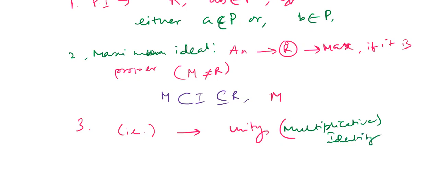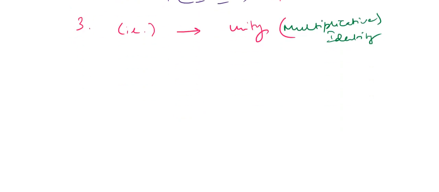And the statement says every prime ideal of a finite commutative ring is also a maximal ideal. So now we can explain in detail. First we can talk about finite commutative rings.